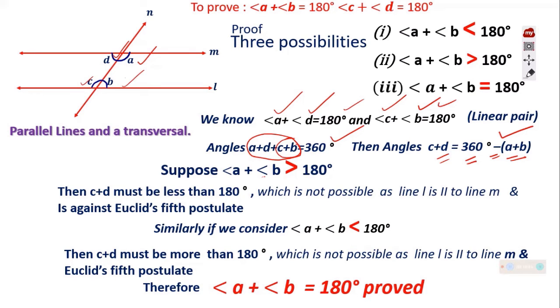So an indirect way of proving is required to prove that angles formed on the same side of the transversal are supplementary if the lines are parallel. The angles formed on the same side of the transversal are supplementary, or equal to 180.